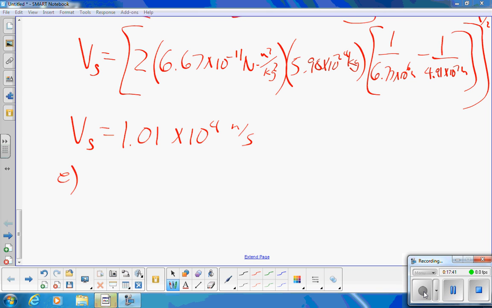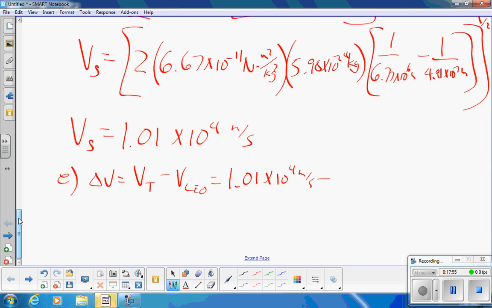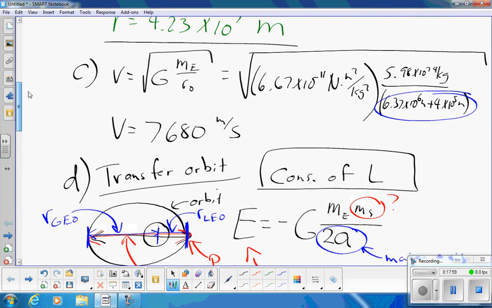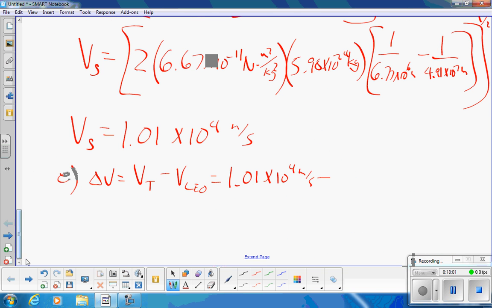That's a delta V. It is V transfer minus V Leo, which is this number, 1.01 times 10 to the 4 meter per second, minus the speed in Leo, which is, where is that back here? 7680. Minus, I'm going to call it 0.768 times 10 to the 4 meter per second, so I can do the subtraction more easily.